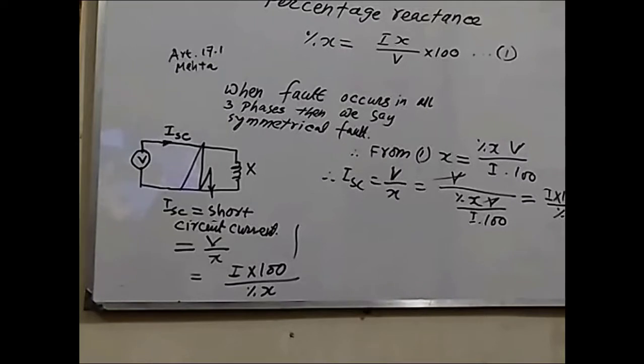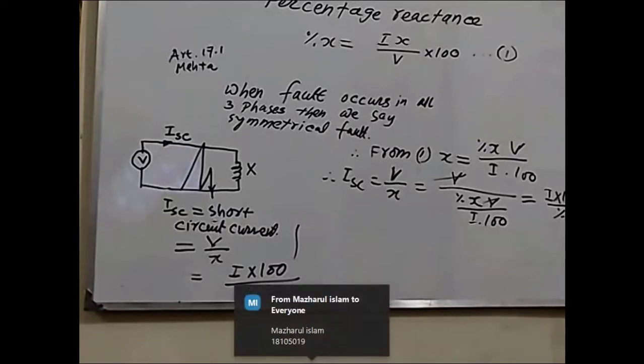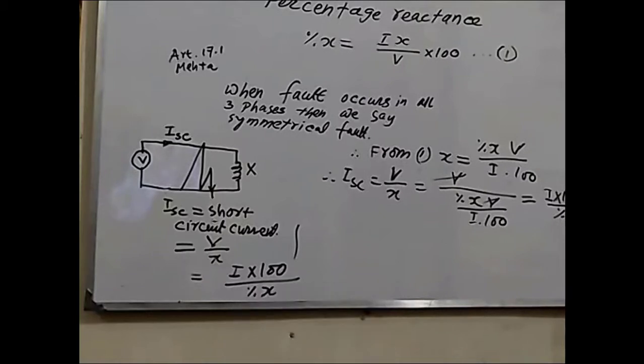Percentage reactance means percentage X. Because full load current we cannot change. If we connect a coil with the circuit, then we can change the reactance. So it is easy to change X, but we cannot change I. I is the full load current, given by the manufacturer of the machine.